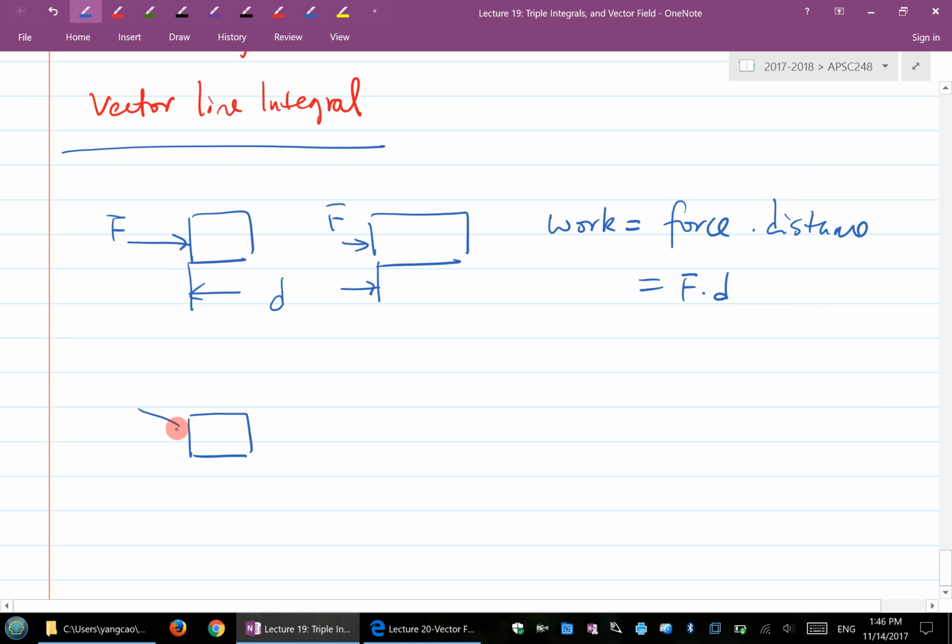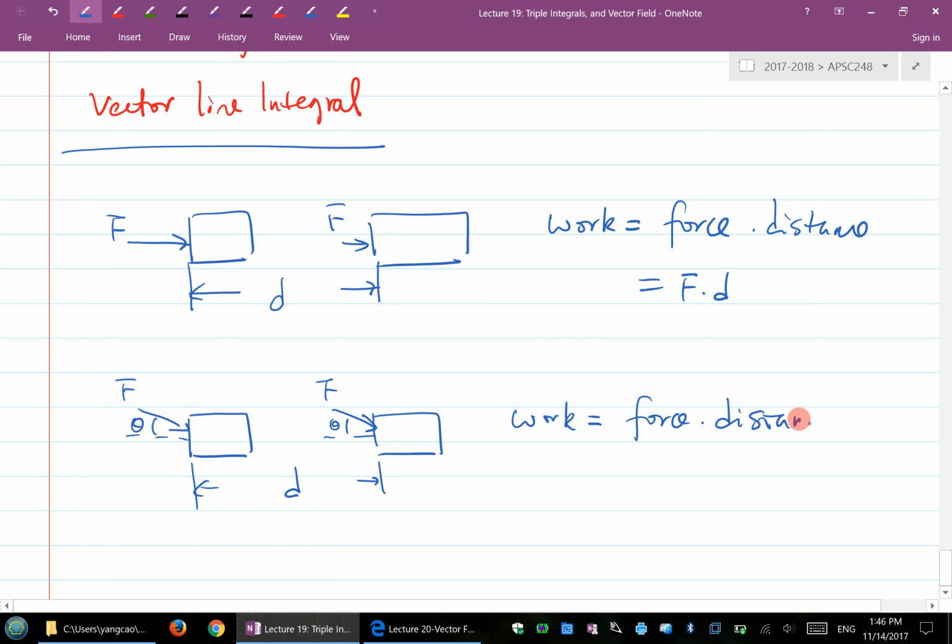Now you complicate the situation a little bit. Instead of a horizontal force, you apply a force at an angle, and the angle is theta. Then you push through the same distance d. You're interested in calculating the total work done, and you still use the same formula, which is force times distance.